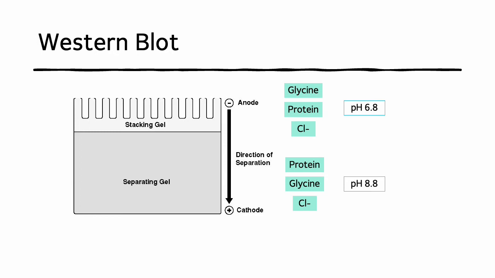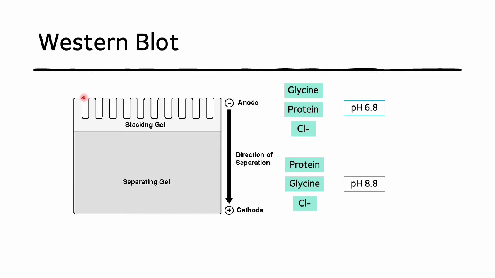Well, it actually consists of two parts, the stacking gel and the separating gel. Oh, this has a typo here. So this stacking gel is to make the proteins lined up here.